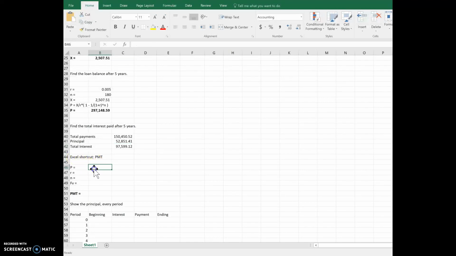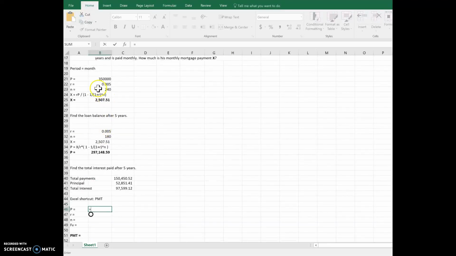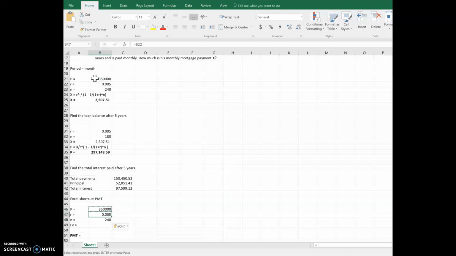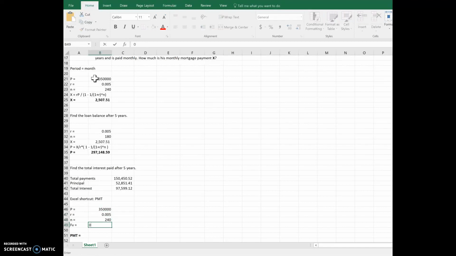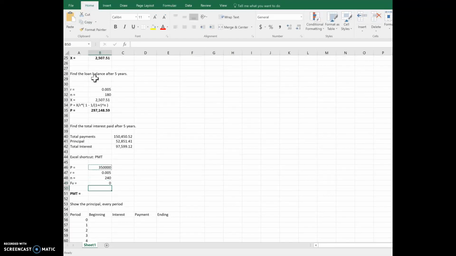Okay, so there's an Excel shortcut for this. P is equal to 350,000, and the interest rate is 0.5%. At the end of the 20 years, nothing is left on the loan, and we want to calculate the monthly payment.